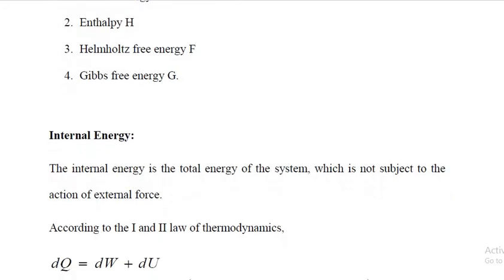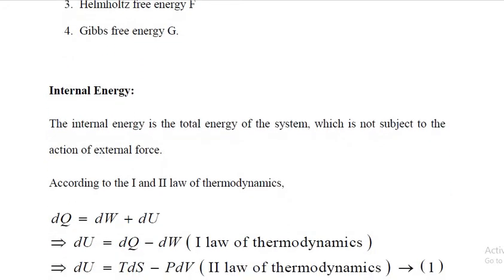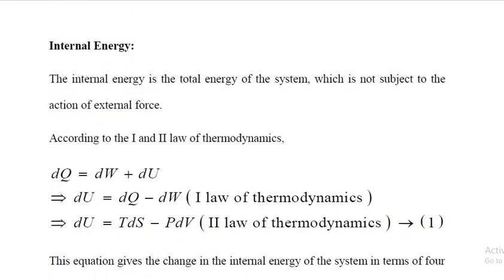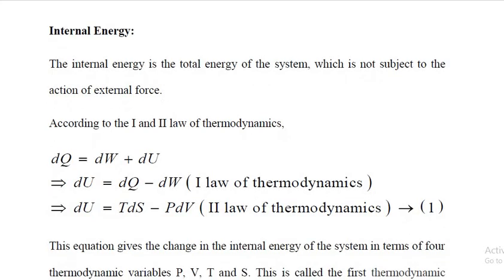First is internal energy. Internal energy is the total energy of the system, which is not subject to the action of external force. That is the total energy of the system when the system is not subjected to external force.